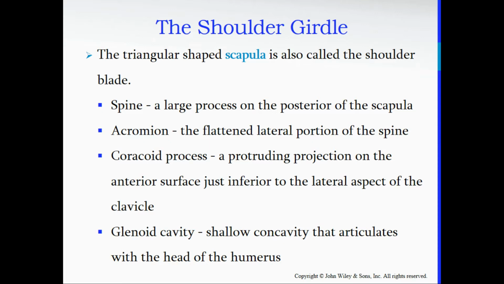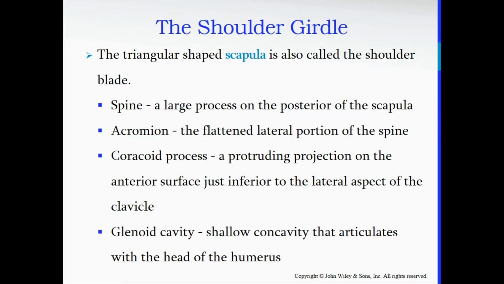The acromion is the flattened lateral portion of the spine. That's one of the ends of the process that make the cup for the ball and socket joint. The coracoid process is a protruding projection on the anterior surface just inferior to the lateral aspect of the clavicle.